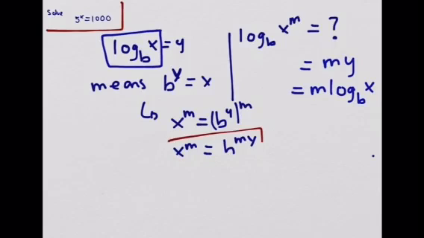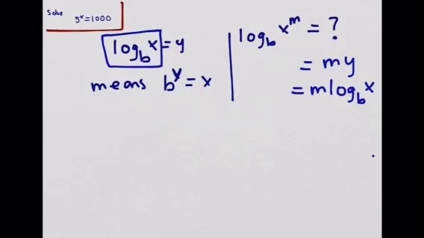I'm going to write it very clearly over here: log base b of x to the m is nothing else but m times the log base b of x.